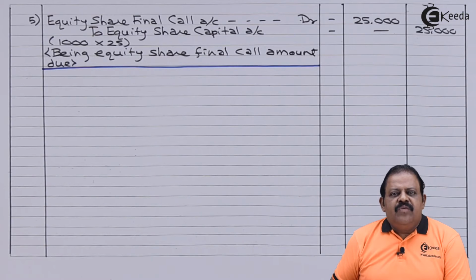Next entry will be for receiving the final call amount. The company receives an amount, so bank account will be debited.